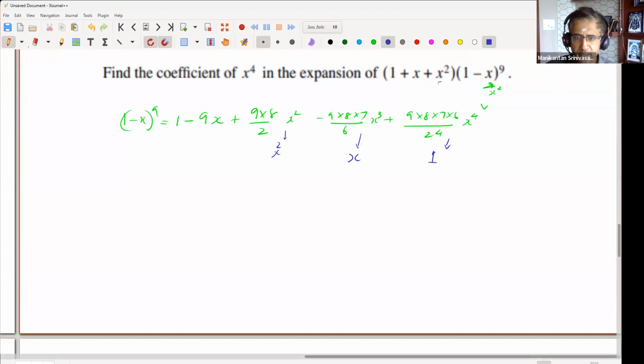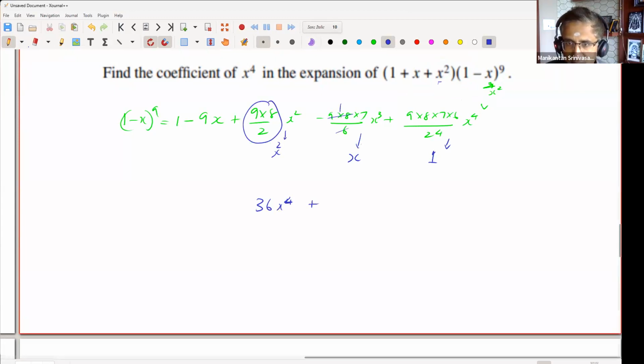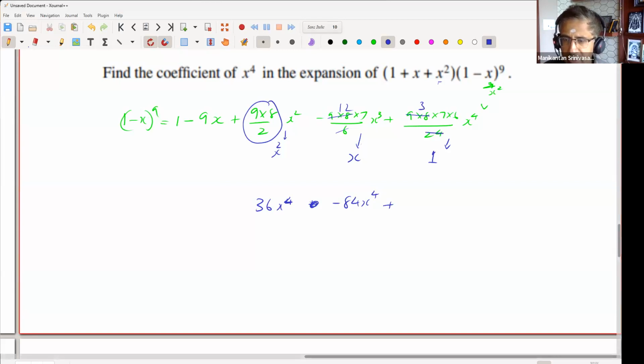So we get x power 4 as a result of all of these products. So let's simplify this. 9 into 8 by 2 is 36. So we have 36 x power 4 here. How many x power 4s here? 9 8 7. 7s are minus 84. Minus 84 x power 4 here. And then here we have 9 8s are 72. So this is 3.